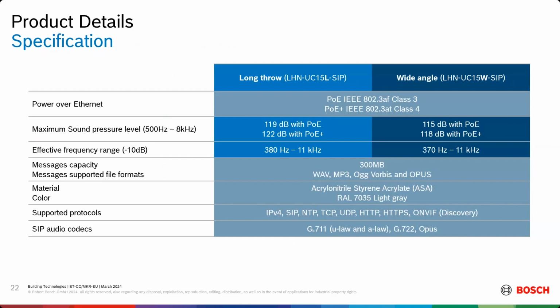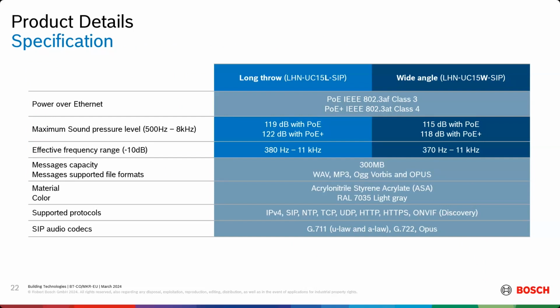The IP loudspeakers and the module can work with PoE and PoE+. Depending on that, we have different maximum sound pressure levels. The IP speaker has 300 megabytes storage capacity for messages with file formats like WAV or MP3.